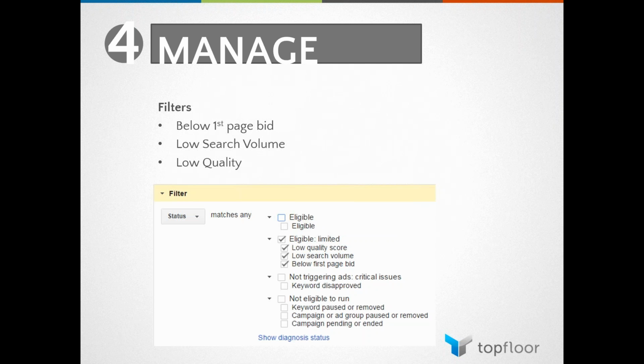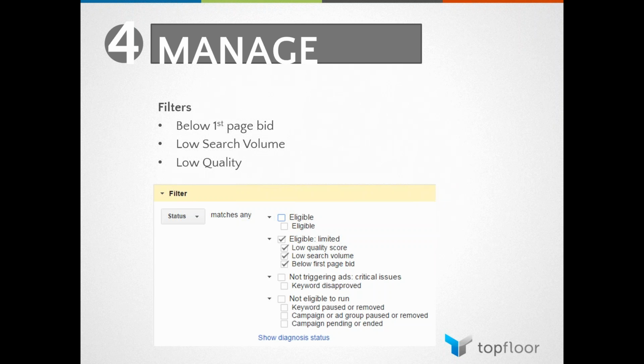When you start managing your keywords, one of the things that is, especially in the beginning, a regular task is adjusting your bids. Google AdWords has several filters to allow you to look at your keywords. Those are below first page bid, keywords that are low search volume, and keywords that are low quality score.